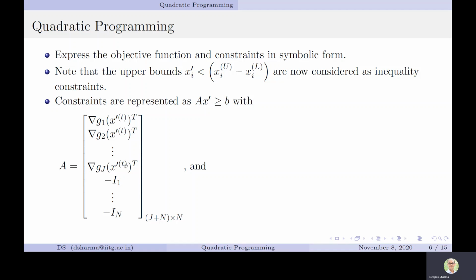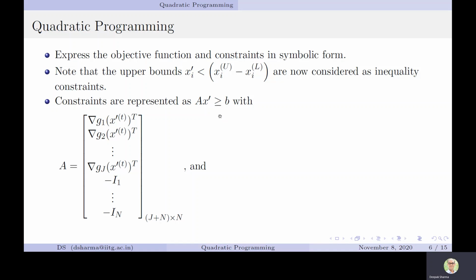As we have included the upper bounds as constraints for our problem, we also write minus I1 to minus IN. So what is the size of A? We have J inequality constraints plus the variable bounds for the n variables, so there will be J plus n rows, and n will be the number of columns.